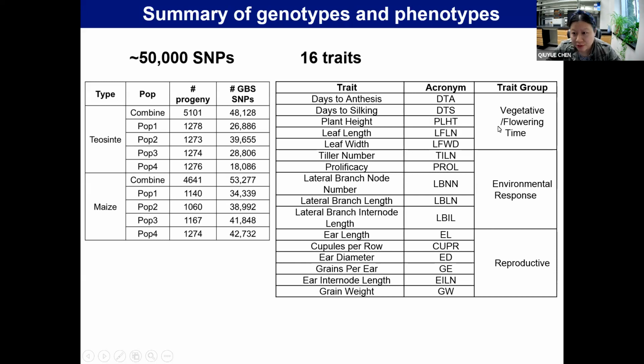The first trait group is vegetative or flowering time traits, such as days to anthesis, days to silking, and plant height. The second trait group is environmental response traits, for example, the tiller number. And the third group is reproductive traits, such as ears per plant and green weight.